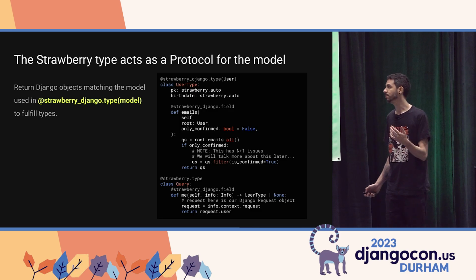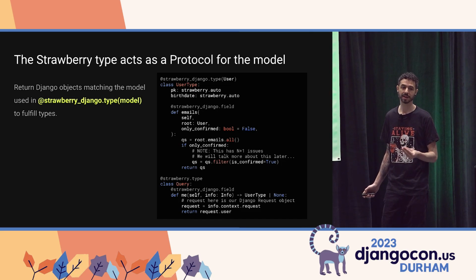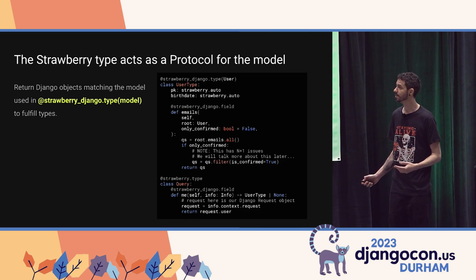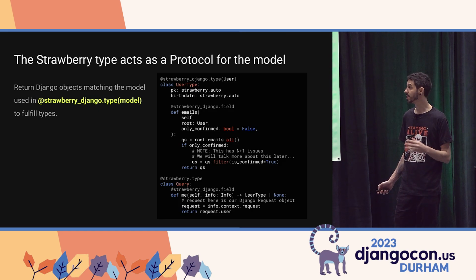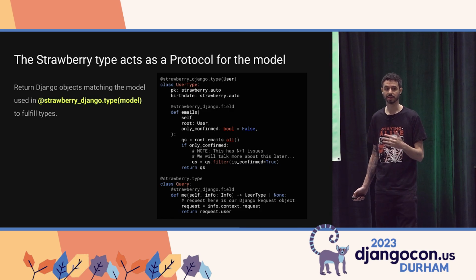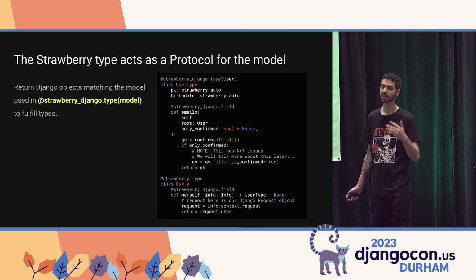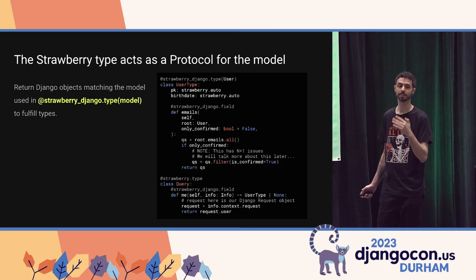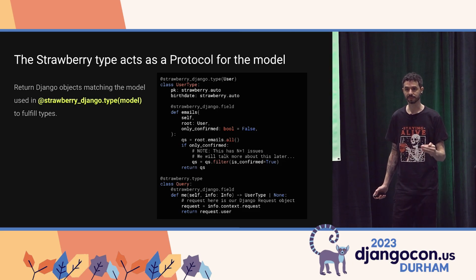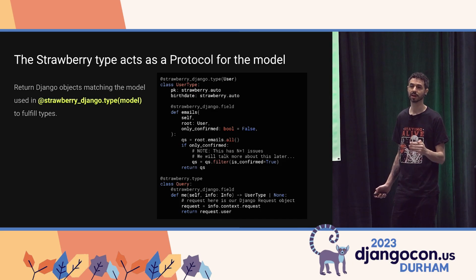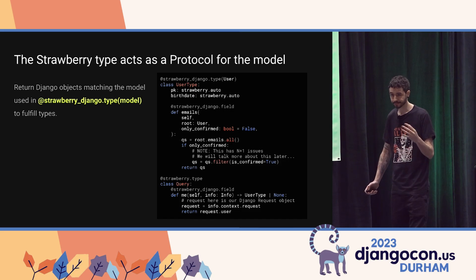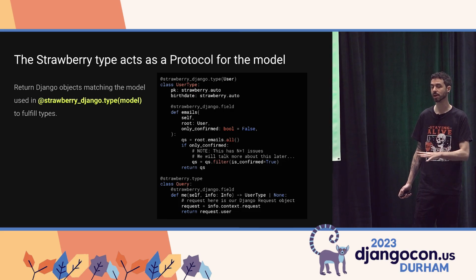Otherwise, when using Strawberry directly, and you have a user type, and you try to return something else, the GraphQL will not allow you. Basically, GraphQL dictates that the servers need to ensure that the data being returned is actually the data that is defined in the schema. So if you say that you return a string and you try to return a Boolean or an integer, the server itself should not allow you to do that.